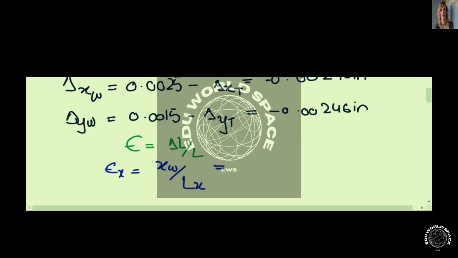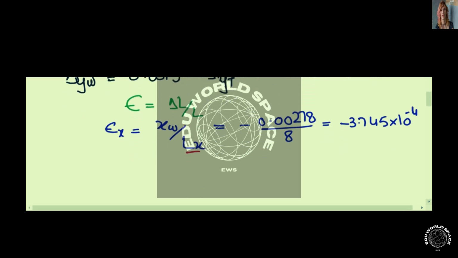Now again you have these newfound values, as well as the values you had earlier, right? So I'm just going to plug them in over here. So we have negative 0.00278 divided by 8, and that is equal to negative 3.475 into 10 raised to power negative 4, right?